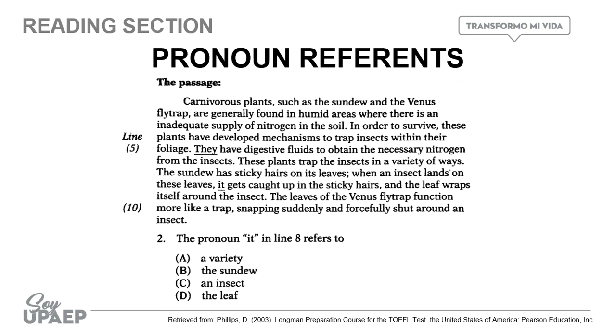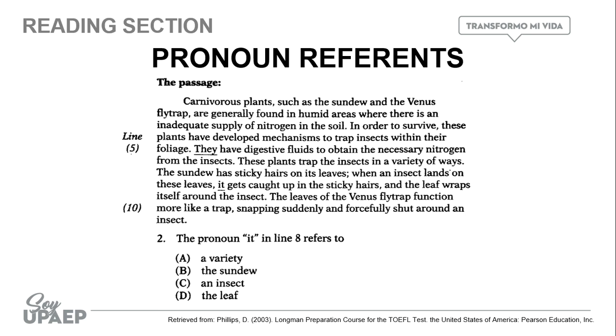So again, we read the complete sentence before the pronoun and it says, the sundew has sticky hairs on its leaves. When an insect lands on these leaves, it gets caught up in the sticky hairs and the leaf wraps itself around the insect. So again, let's identify the nouns. We have the sundew, the hairs, leaves, insect, leaves again, hairs, leaf, and also the insect again.